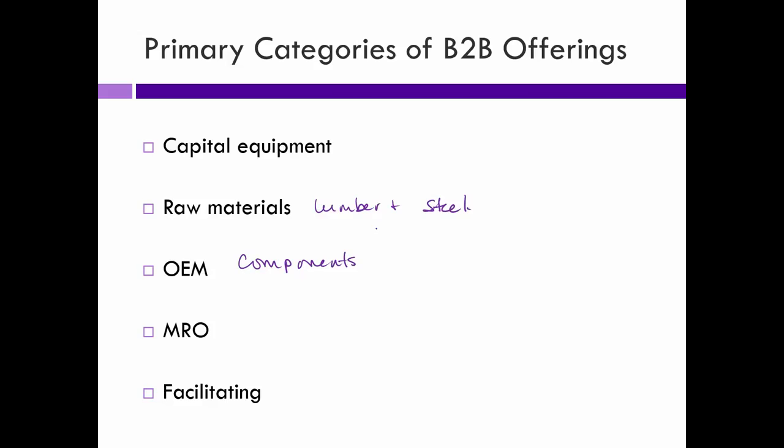MRO is maintenance, repair, and operations. So these are like janitorial supplies that you need in the manufacturing, hardware, those types of products. And then everything else falls under facilitating offerings. These are not part of the product, but really still necessary to do that.